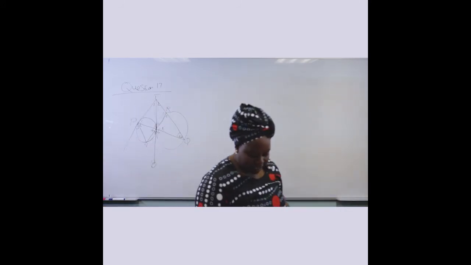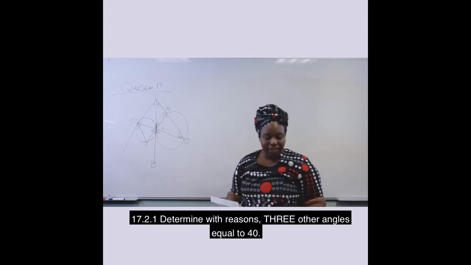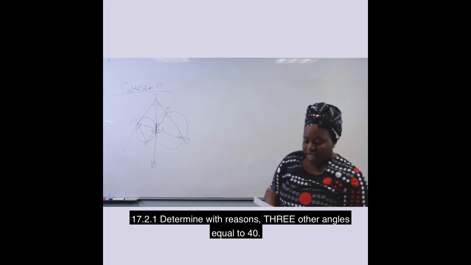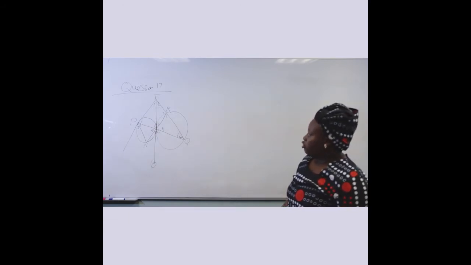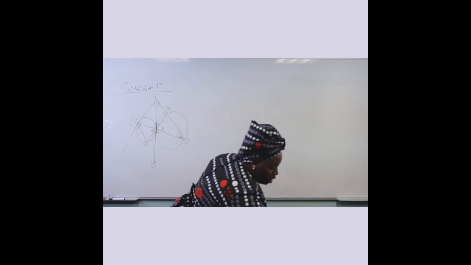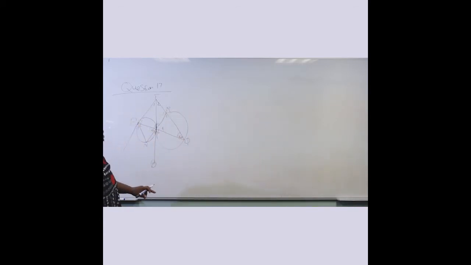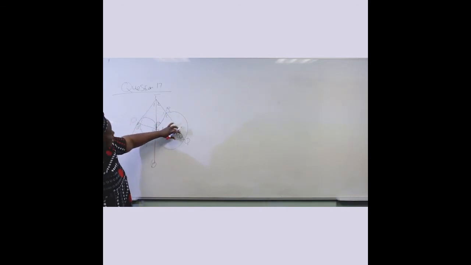Now, the first question says, determine with reasons 3 other angles that are equal to 40. So you have to try and pick up what it is that you can find being equal to 40. Let's take our colors. So we have this as 40. Remember, this is a tangent. And if this is a tangent, it means that the angle between a chord and the tangent is going to be equal to the angle that is subtended by it.